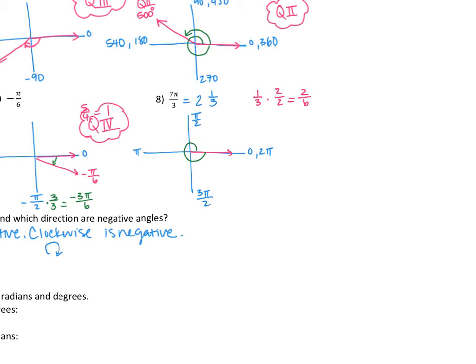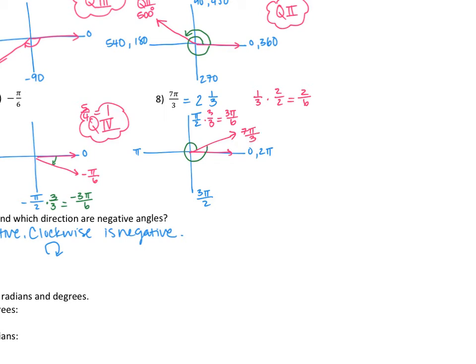So that would be how it looked like if the denominator was 6. Whereas pi over 2, if I wrote it in the same denominator as 6, I would multiply the top and bottom by 3 and get 3 pi over 6. So notice that 2 is less than 3 pi over 6. So it's somewhere in the first quadrant, is 7 pi over 3.